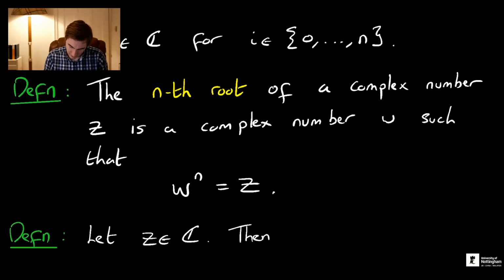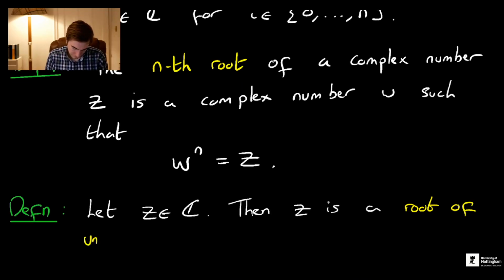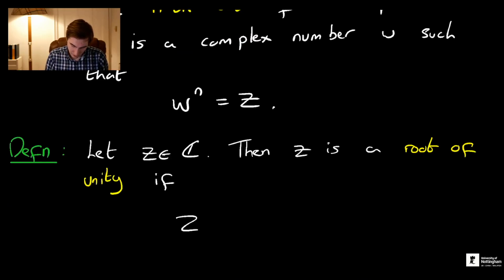Then z is called a root of unity if z to the power of n equals 1. And in particular, we can specify this in more detail: we can say this is an nth root of unity.